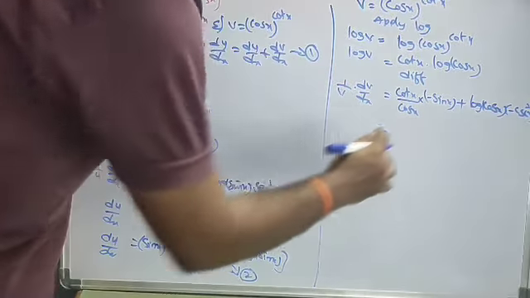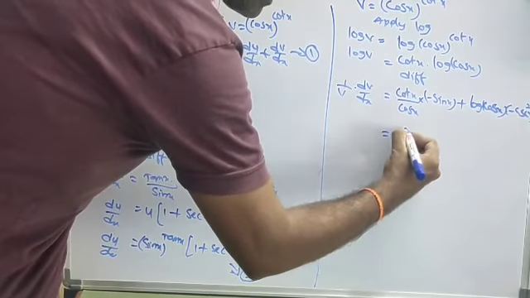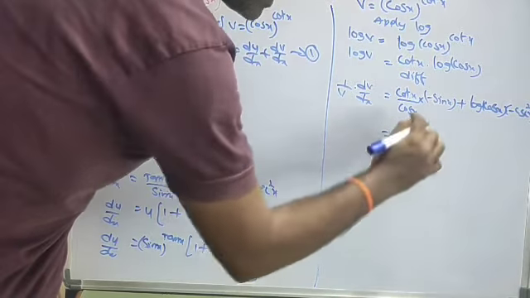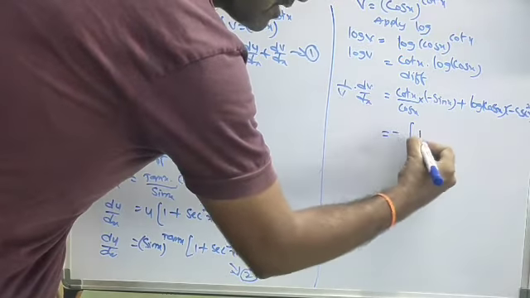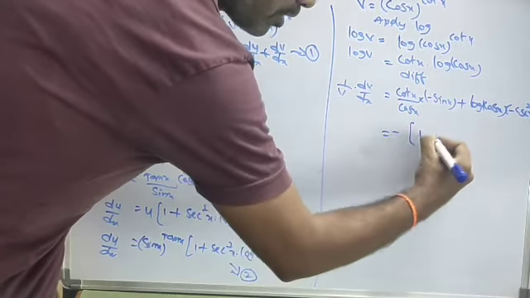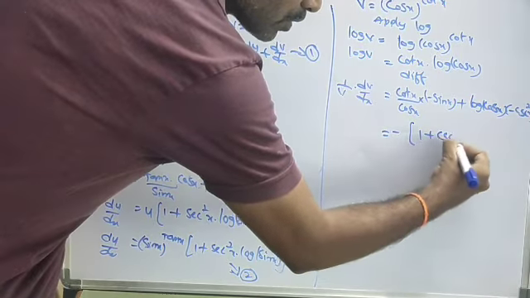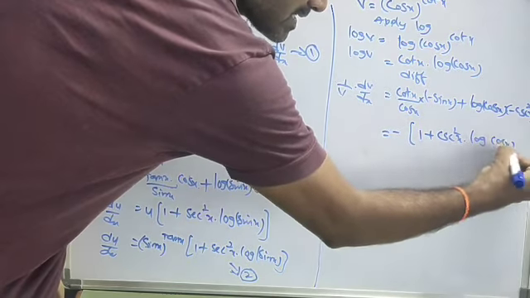You observe that a minus sign is there, and here also a minus sign is there. Taking the minus sign common, sin x by cos x is tan x, and tan x into cot x becomes 1. So with minus taken common, it is 1 plus cosecant square x into log of cos x.